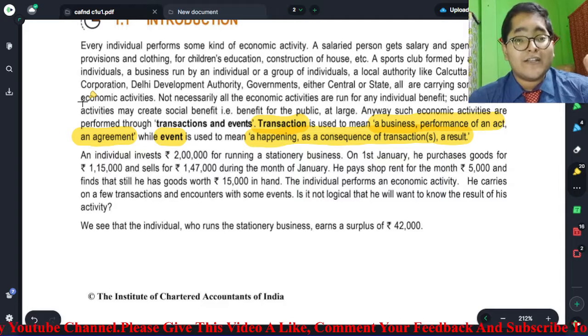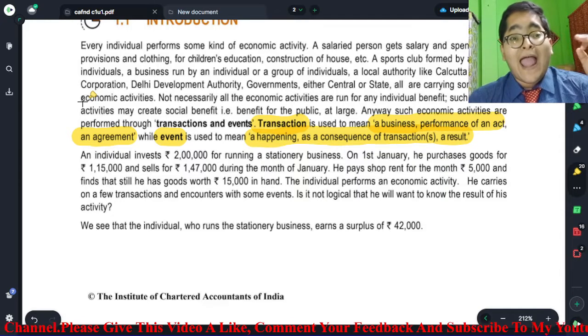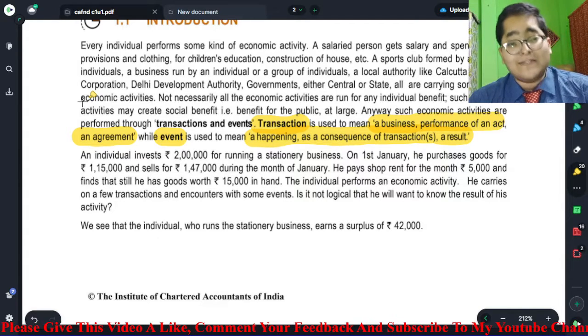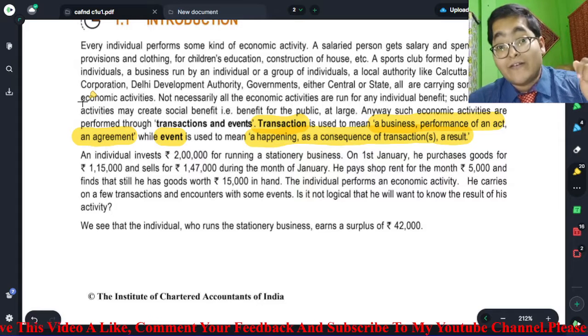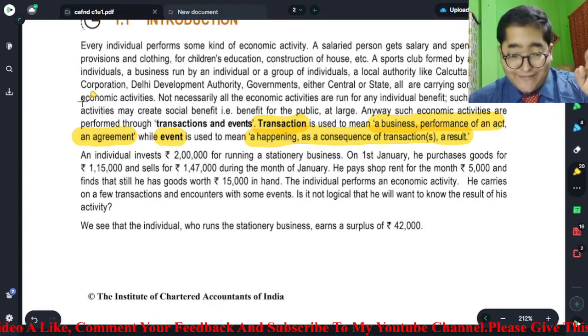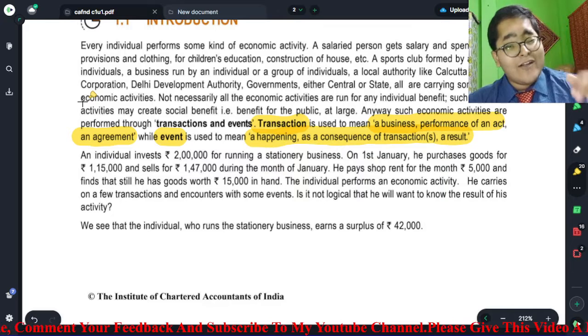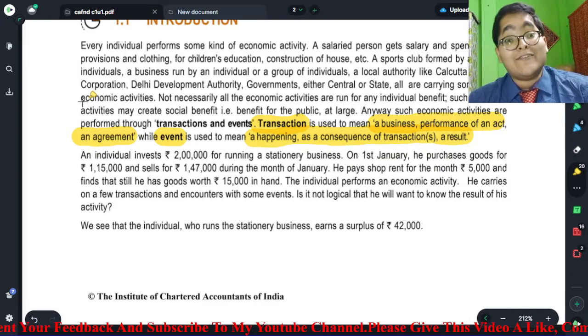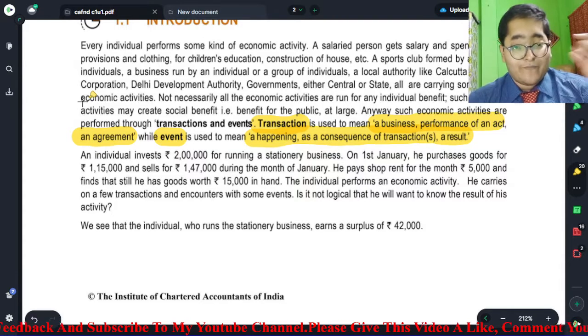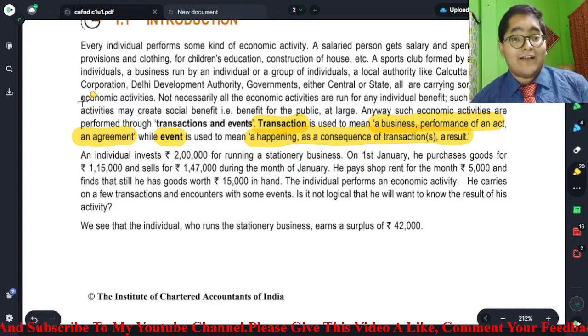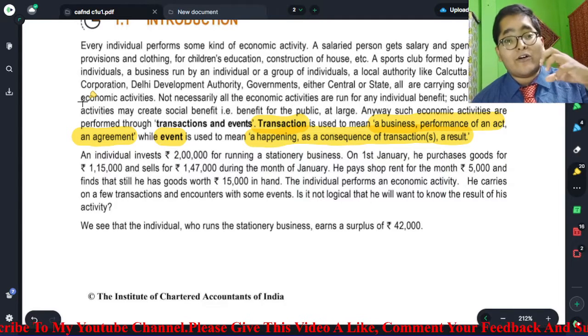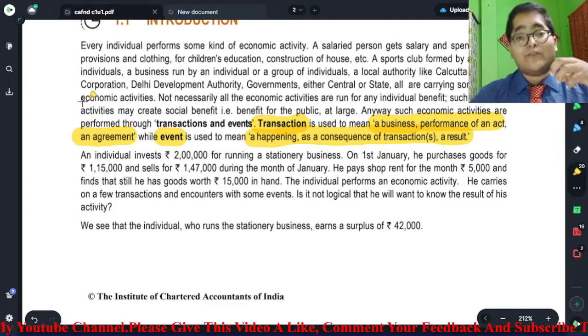A transaction is a giving and taking of anything that has monetary value or financial weightage. Event is an occurring that is a result from a transaction. First, a transaction occurs which gives result to an event.